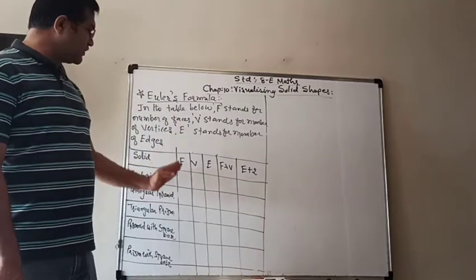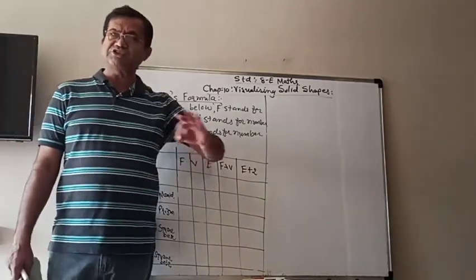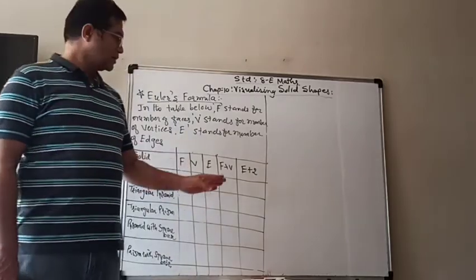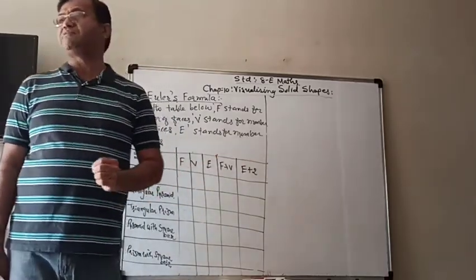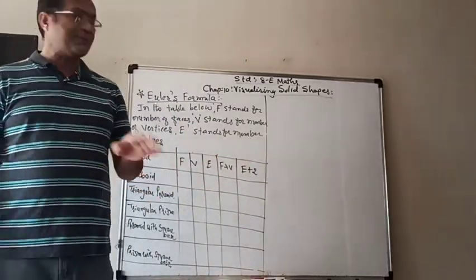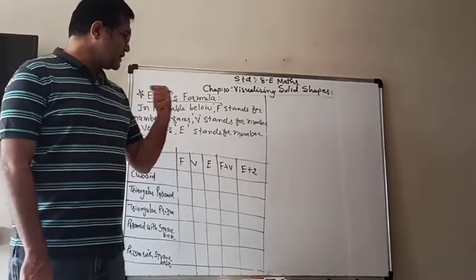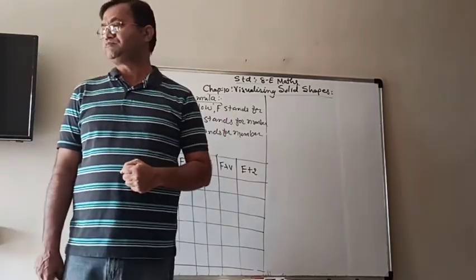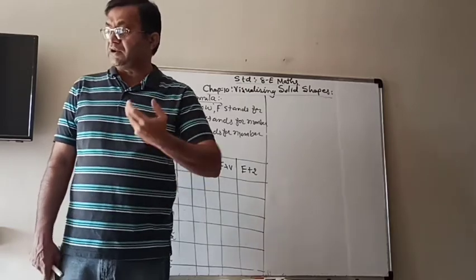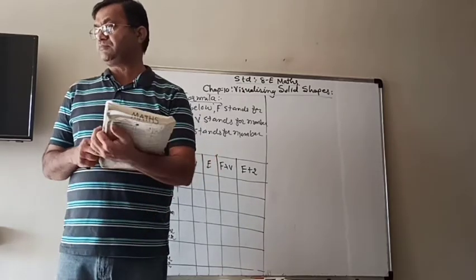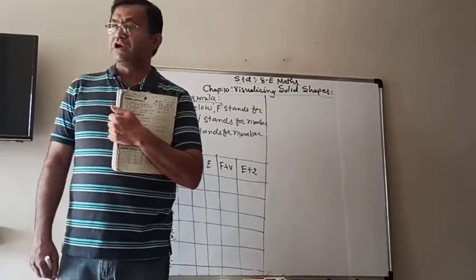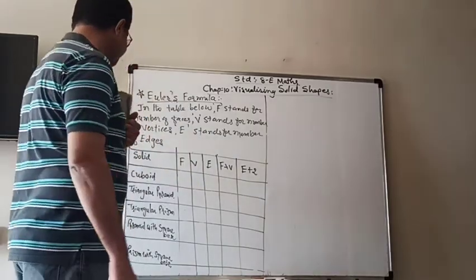So we will first write down F, V and E of each. Then in the last two columns we will check F plus V and E plus 2, and from that we will find the relation which is known as Euler's formula.